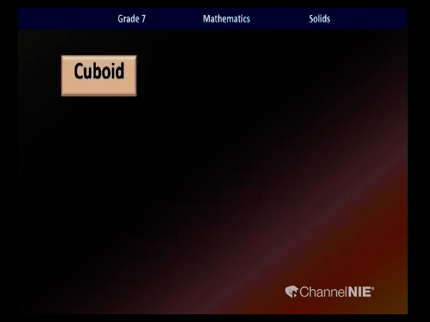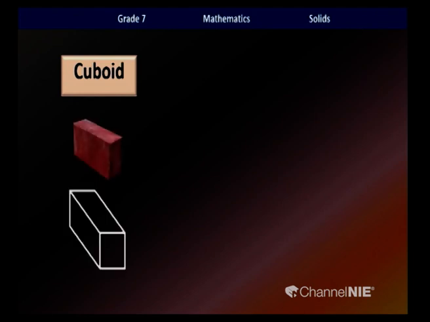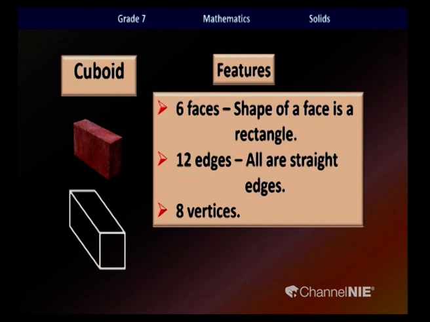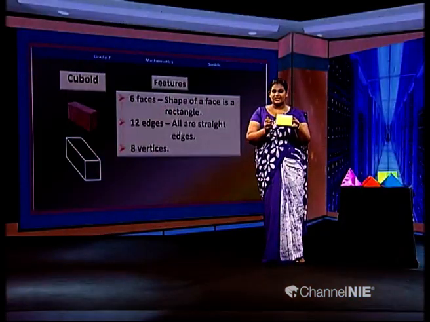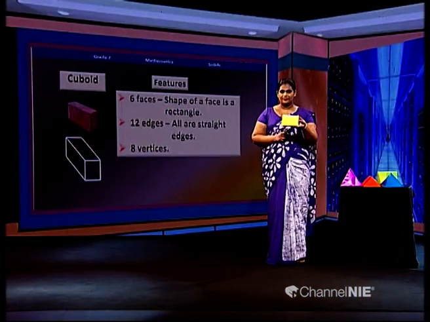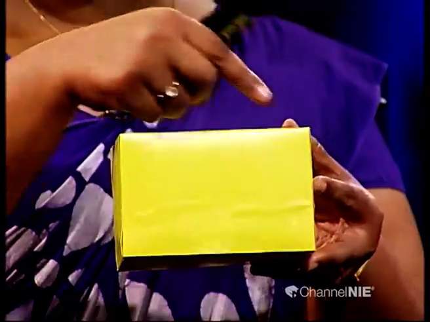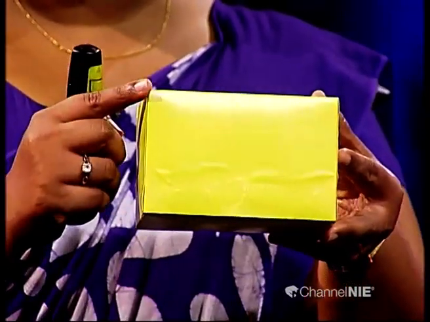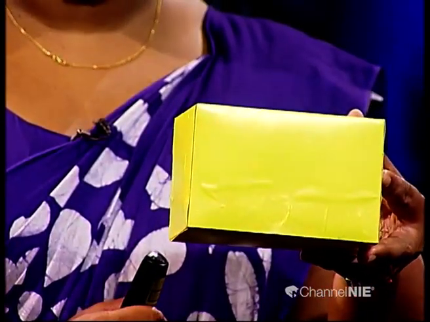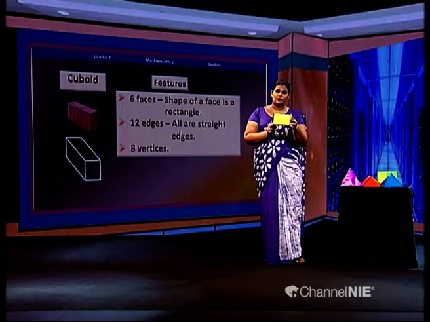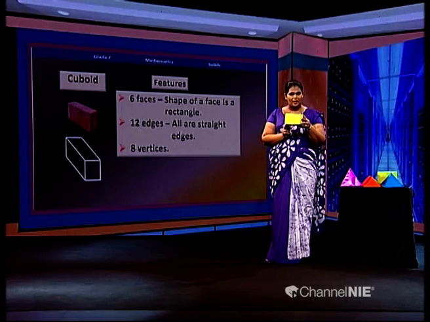Next we have learnt about the cuboid. There also we have discussed the features of a cuboid. It has 6 faces, 12 edges and 8 vertices. What can you say about the shape of a face of a cuboid?